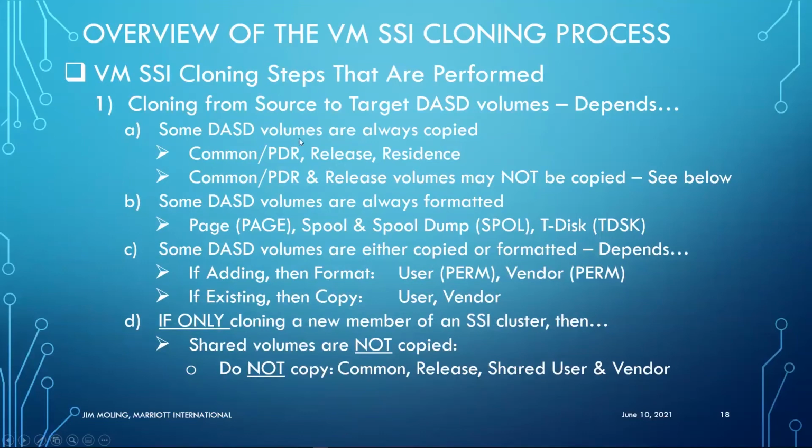So some DASD volumes are always going to be copied, like your common PDR. PDR is another way to reference the common volume because the common volume has something on it called a PDR, persistent data record. So it's interchangeable. I typically refer to it as the common volume more so than the PDR volume. Sort of a tomato thing, I guess, right?